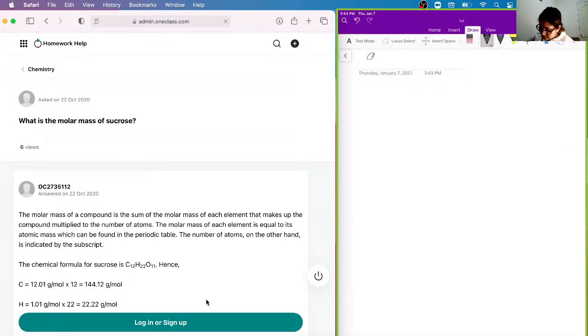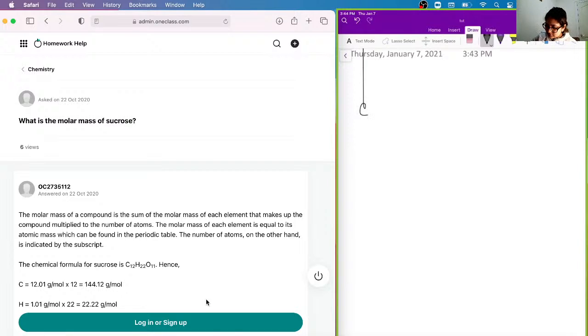Okay, next question. Here it says, what is the molar mass of sucrose? Sucrose is a type of sugar, and to find the molar mass it is very crucial to know the chemical formula.